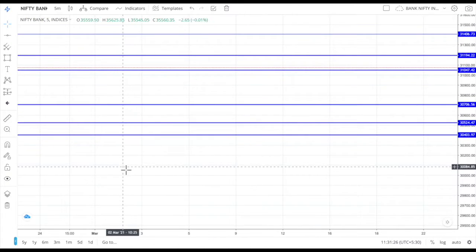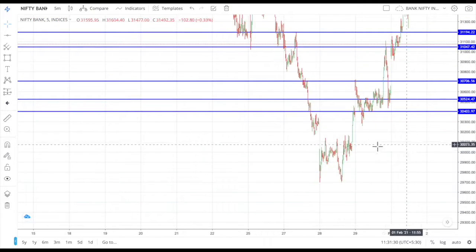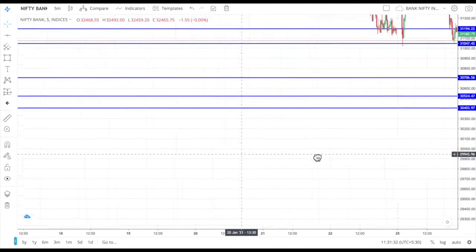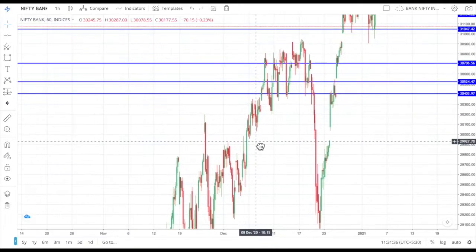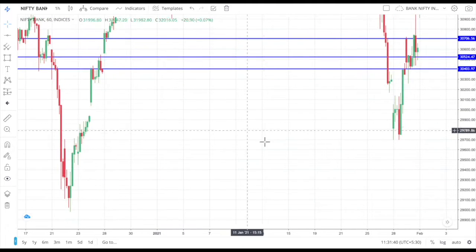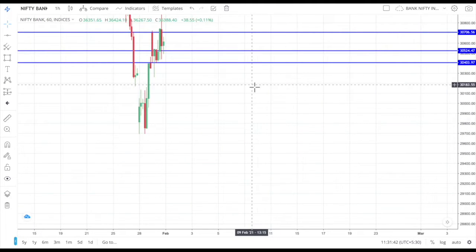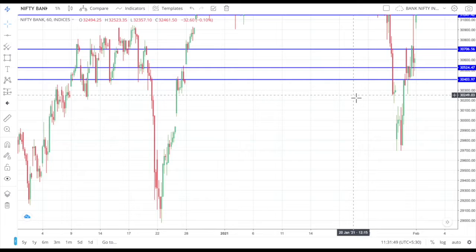Let me go to 1 hour, so that'll be over here, and then shift to 15 minutes. So this is somewhere in Jan and Feb. So this is where the last price action was, and these levels. So it's best to come here and look for any kind of support and resistance.